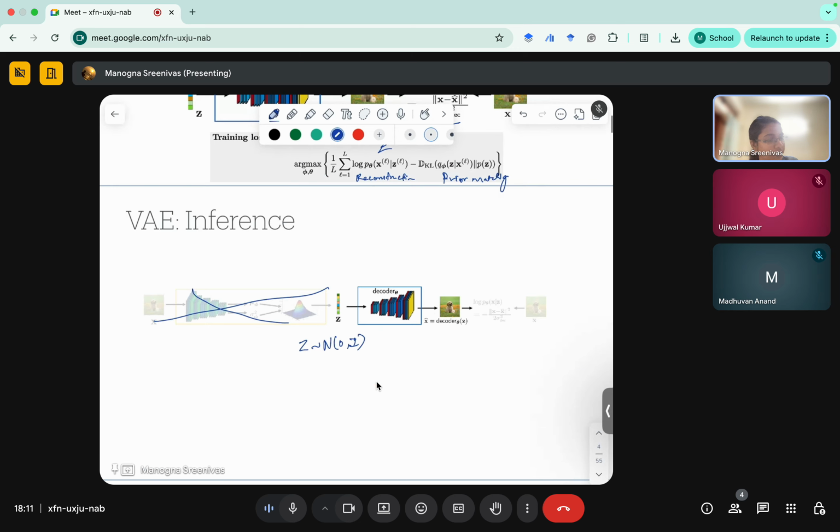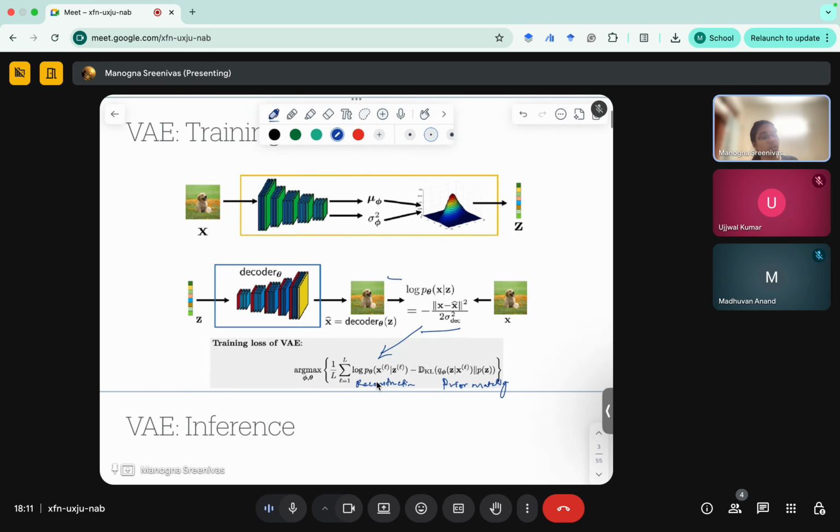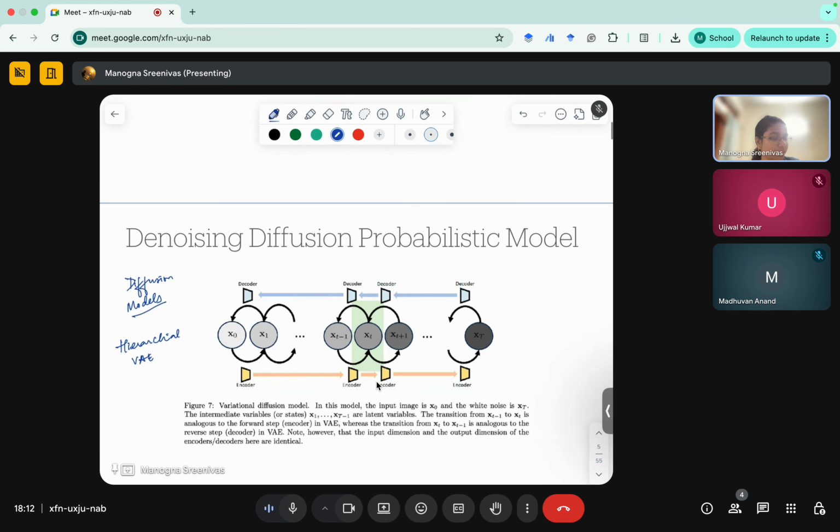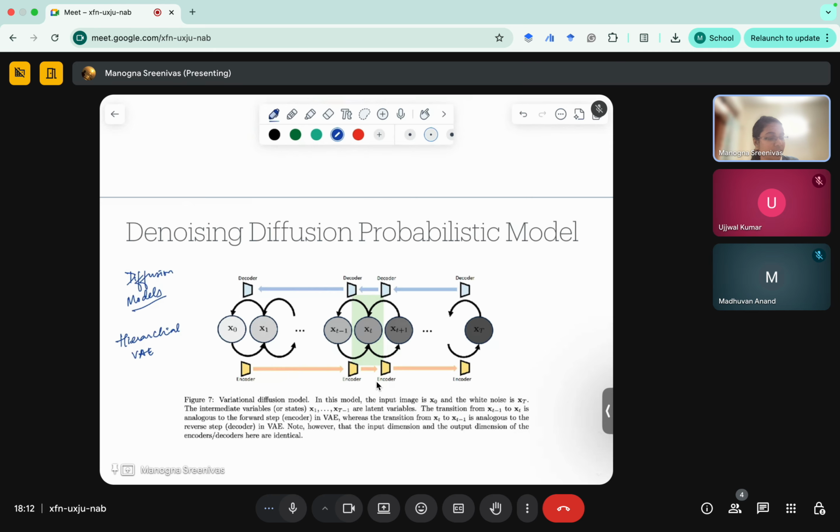In a VAE, we start from the input image space, and through the encoder we project it to a standard Gaussian space, the noise space, and from noise we directly decode to the image. In DDPM that is done in steps: I start from an original image and keep adding noise in stages, and eventually with time this would be a standard Gaussian.